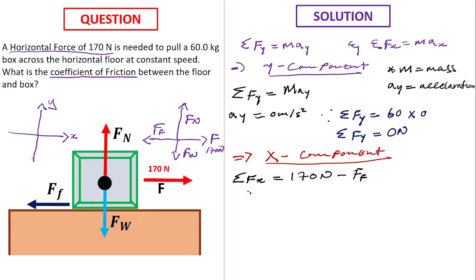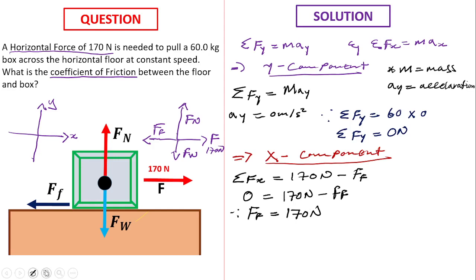So we are going to say 0 is equal to 170 Newton minus the friction force. From this information which we have been given, we can say therefore the friction force is simply equal to 170 Newton.